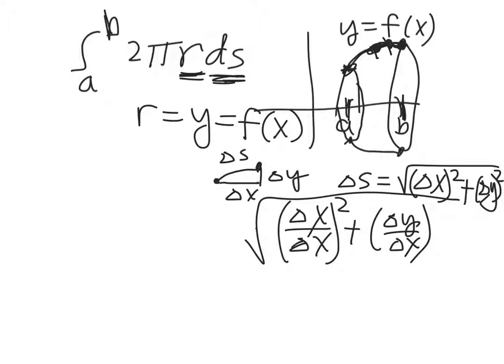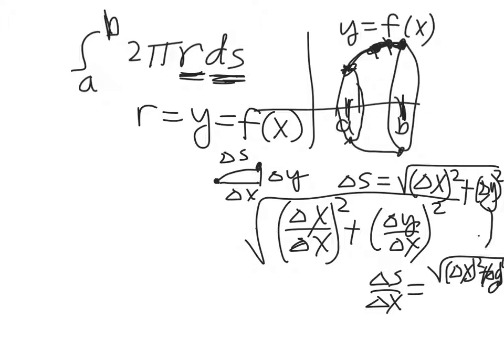If we look at it in this form, what we're really doing is changing delta s, taking delta y squared, and then dividing by delta x.